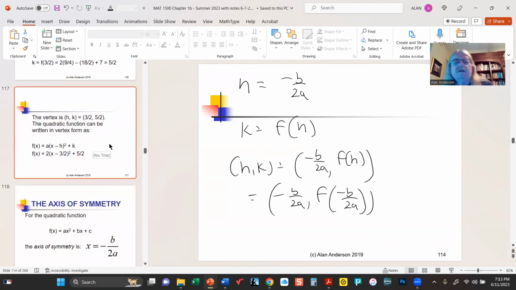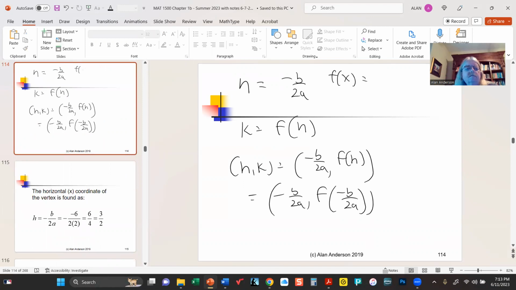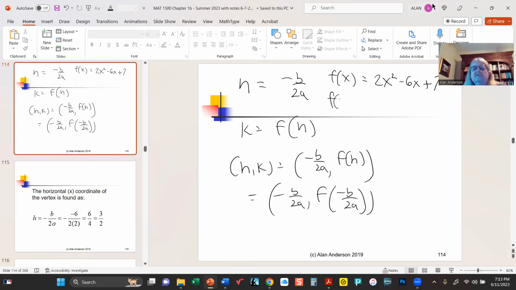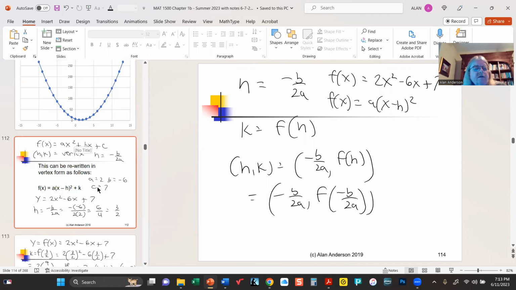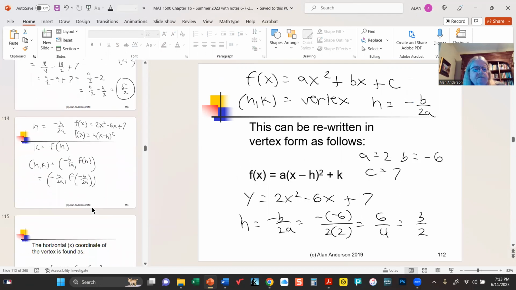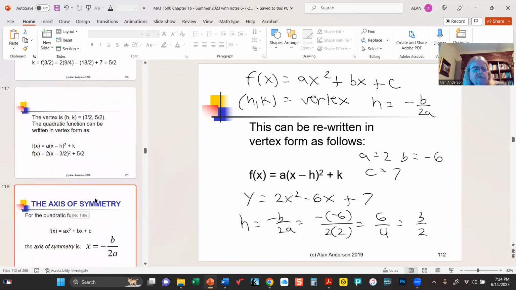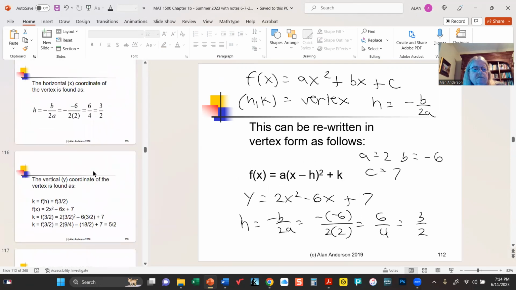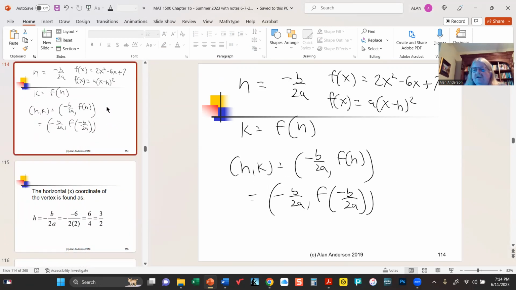Okay. Now, as far as that format goes, a x minus h squared, let's go back and grab it right here, plus k. There we go.